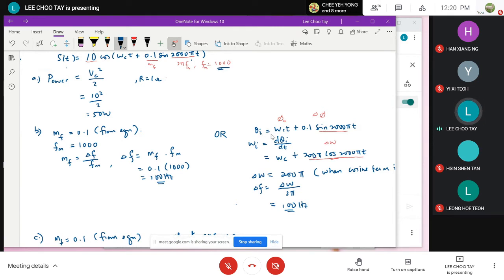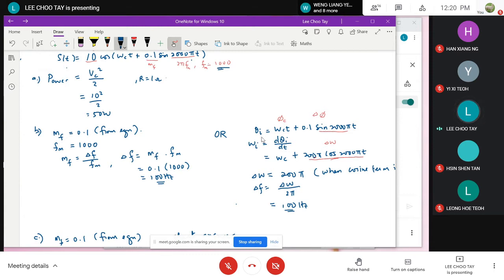This is given by omega ct plus 0.1 sine 2000 pi t. This is the phase angle of your carrier signal, and this is the change in the phase angle of your FM signal. So this is delta phi, and this is what I call phi c. So this plus this will give me the instantaneous phase angle of my FM signal.